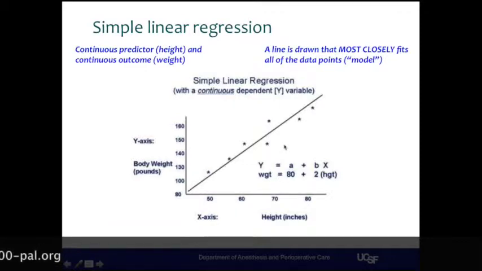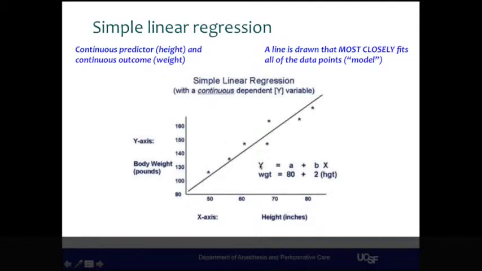So here's an example of simple linear regression. This is looking at the impact of height on body weight. It's a continuous predictor, which is the stature or height, and a continuous outcome, which is weight. A line is drawn that most closely fits all of the data points that you've measured, and that's how we create what's called a model.